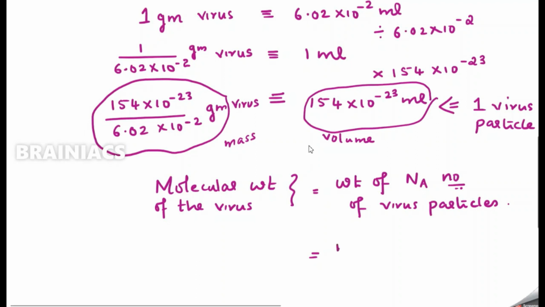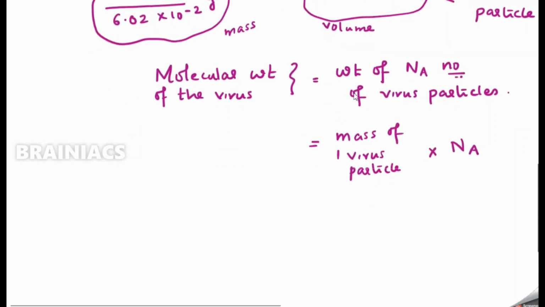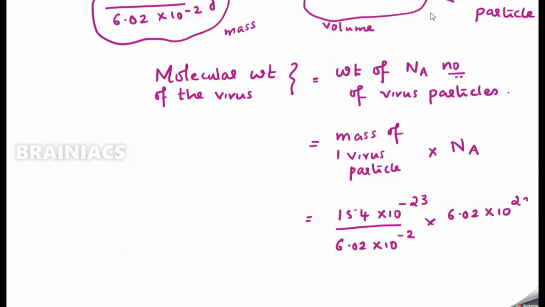So I can say the mass of one virus particle multiplied by Avogadro number will give me the answer. I can write it like 154 into 10 power minus 23 divided by 6.02 into 10 power minus 2, multiplied by 6.02 into 10 power 23.